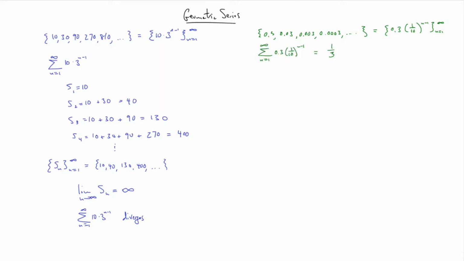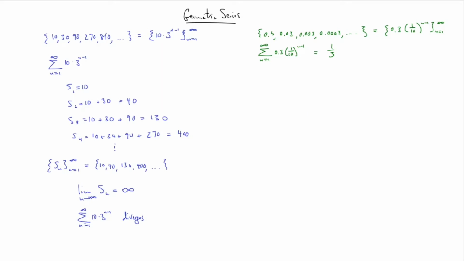And we've already found that the associated geometric series converges to 1/3 because the sequence of nth partial sums of this original geometric sequence converges to 1/3. The limit as n goes to infinity of the nth partial sums is 1/3. And that's the definition of the series converging to 1/3.